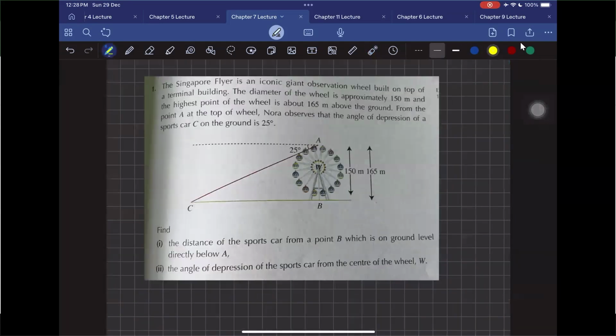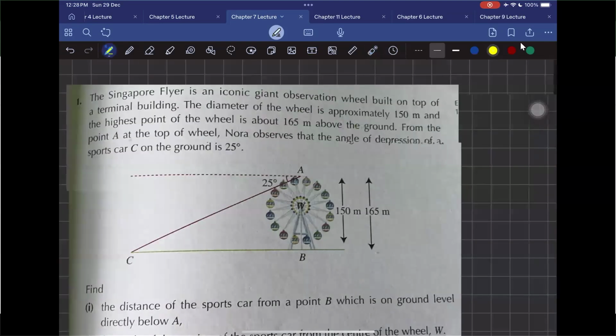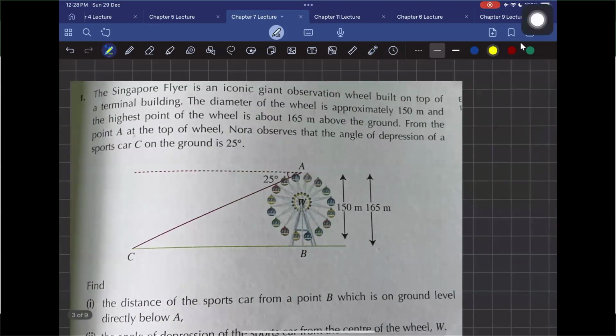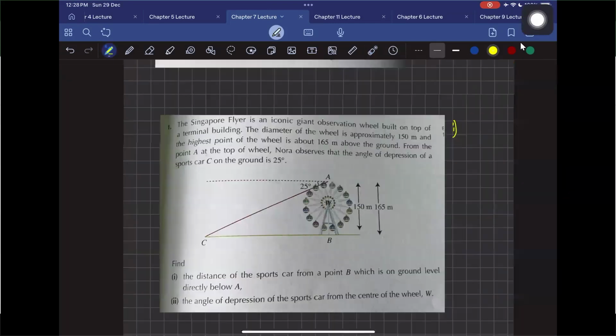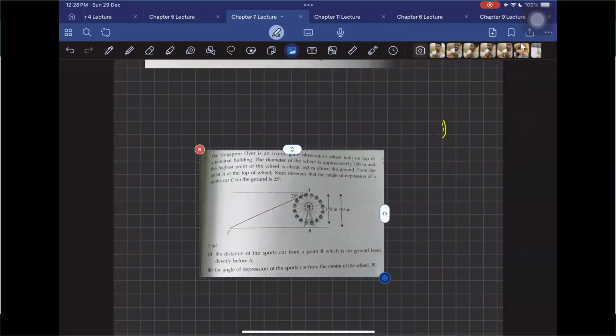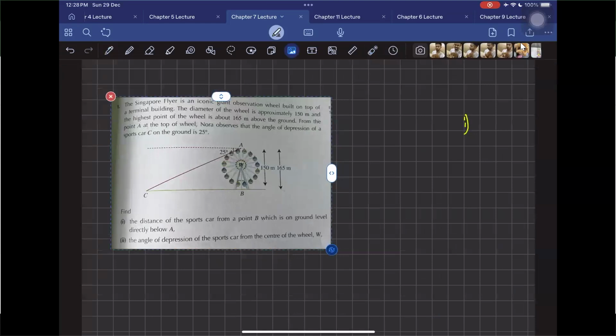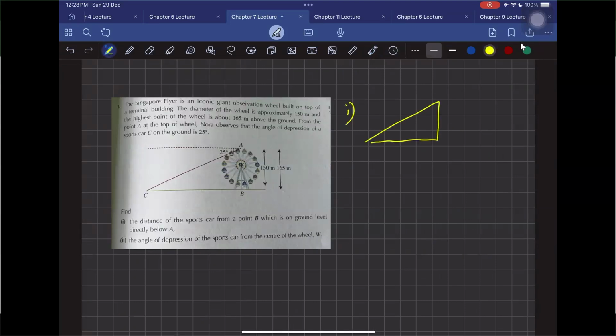As always, your first step should be drawing out the triangle. Let me make this smaller. I hope you can still see the question. So in this case, you have a right angle triangle.